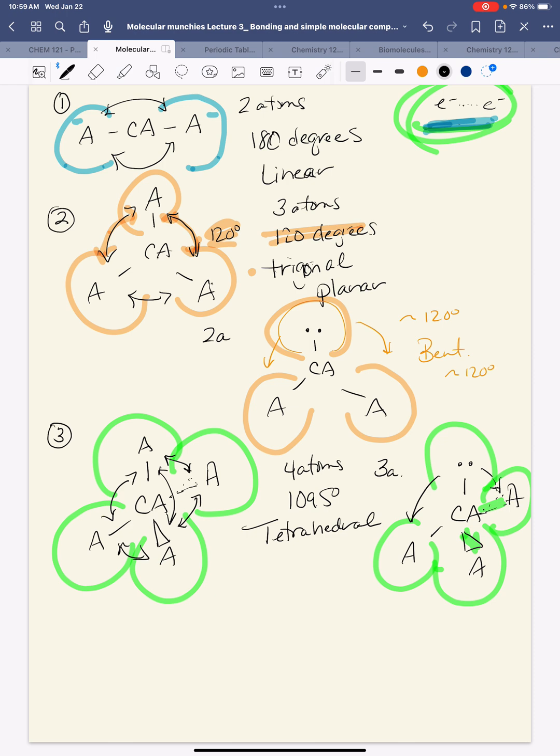These electrons are actually going to push down a little bit more. This shape has 3 atoms and 1 lone pair, and its shape, unfortunately, is very close to the trigonal planar shape, but it's called trigonal pyramid, and that's because it's lifted. Let me try to spell that right. Pyramid.